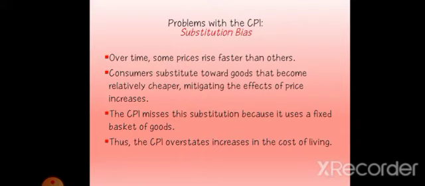Right? Because the CPI, we have already discussed, is computed assuming a fixed basket of goods. Therefore, it ignores the possibility of consumer substitution. Say, for example, imagine that in the base year, apples are cheaper than pears.